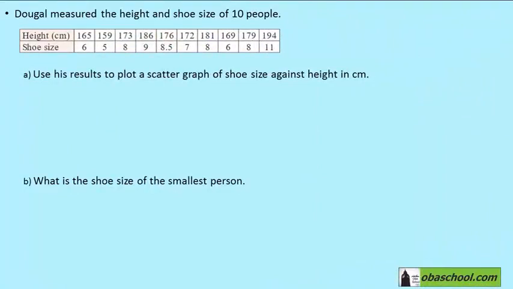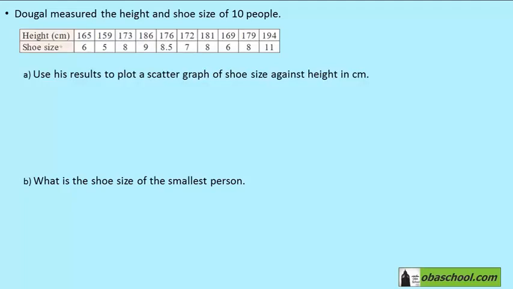Dougal measured the height and shoe size of 10 people. You can see that there's a table that has the height of these people in centimeters, and then you have their relevant shoe size. What we're going to have to do is use his results to plot a scatter graph of shoe size against height in centimeters.